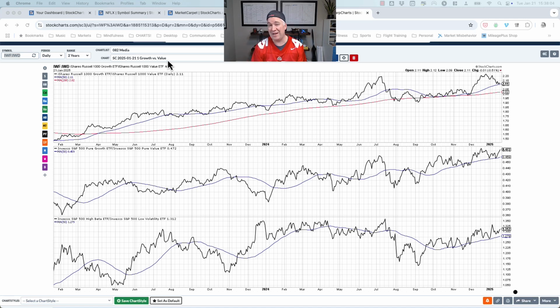Those could be things like energy and financials, but also defensive sectors like utilities are in the value space. Growth generally has been outperforming value for a number of years. On shorter time frames, we've seen periods where value stocks start to outperform, and I would argue that conditions may be setting up for value stocks to re-exert themselves in a leadership role. As a matter of fact, value stocks, by most measures, have actually been outperforming growth stocks at the beginning of 2025, depending on what ratios we look at.